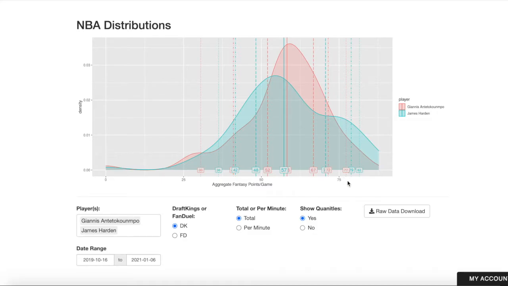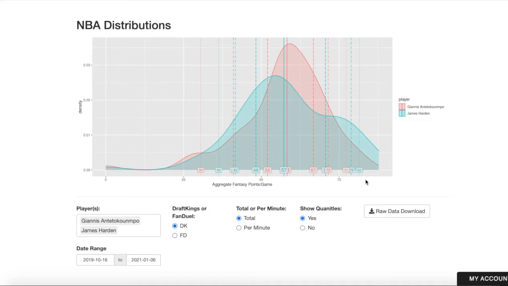And Giannis over the past year plus hasn't really flexed the ceiling above 80, really above 77. I guess he's flexed the ceiling above 77, but his 95th percentile historical outcome was only 77 fantasy points compared to Harden's 95th percentile historical outcome of 82 fantasy points.